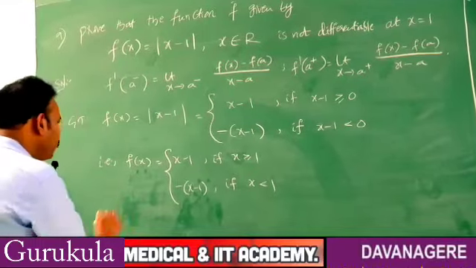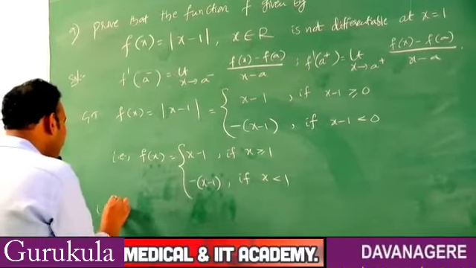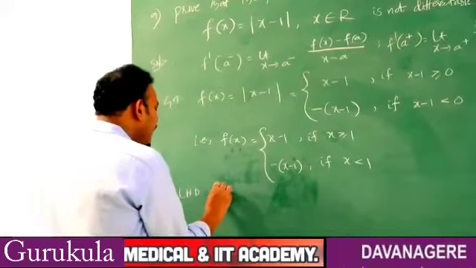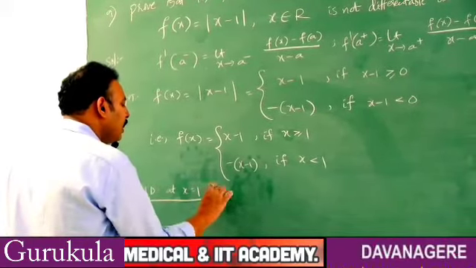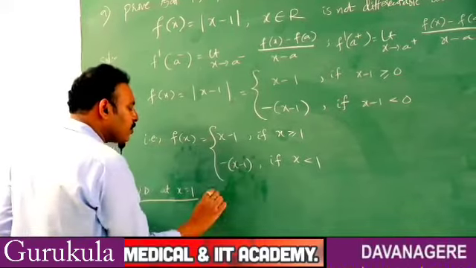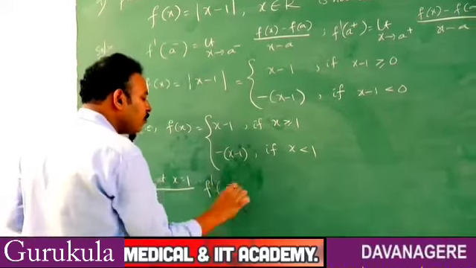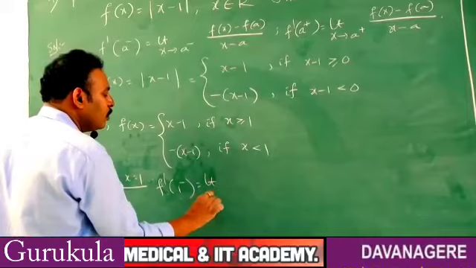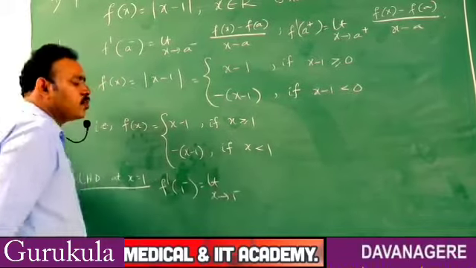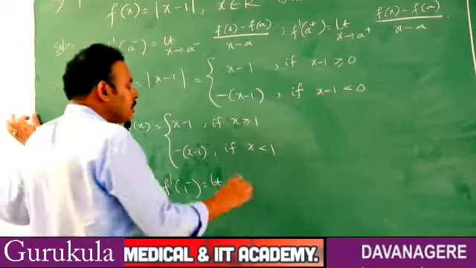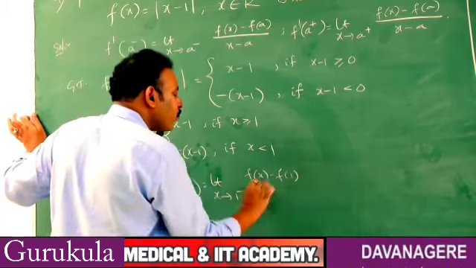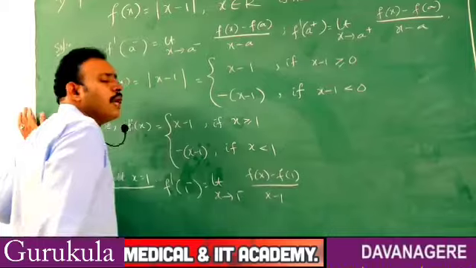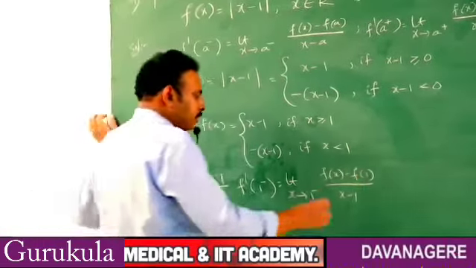Now left hand derivative at x is equal to a, f dash of 1 minus, is equal to limit x tends to 1 minus f of x minus f of 1 by x minus 1, students.